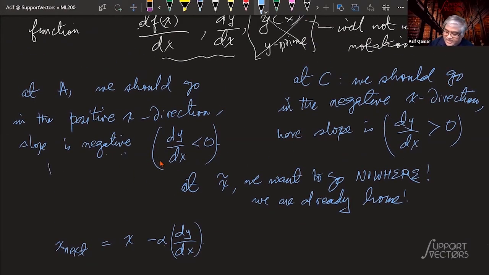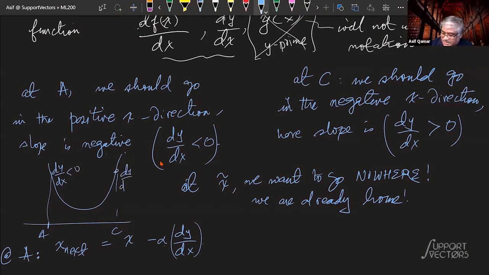Remember, once again, this is A. This is C. At A, slope is negative, dy/dx is less than 0. So at A, what do you want to do?